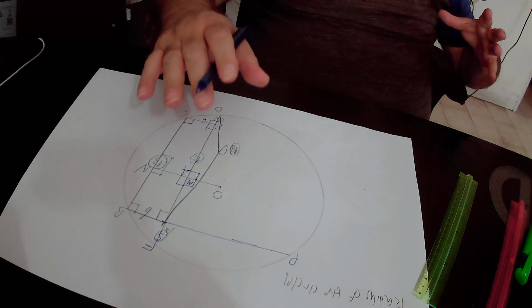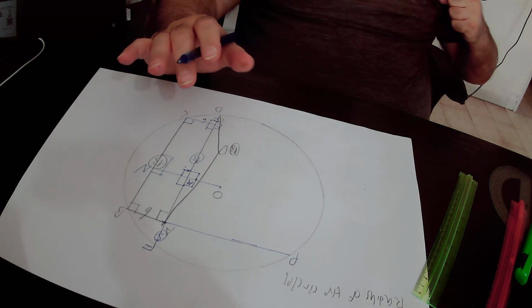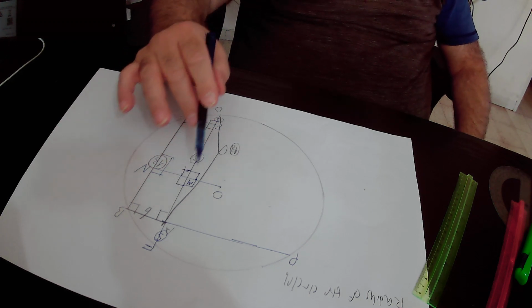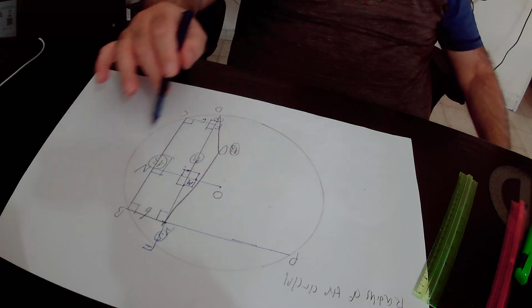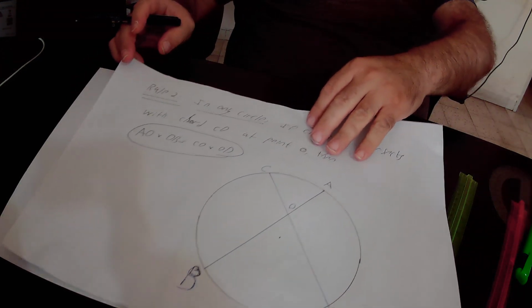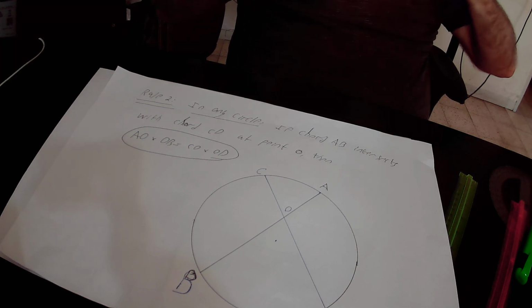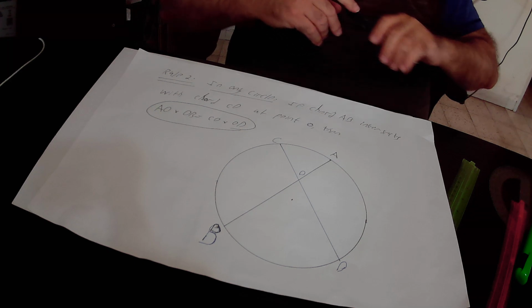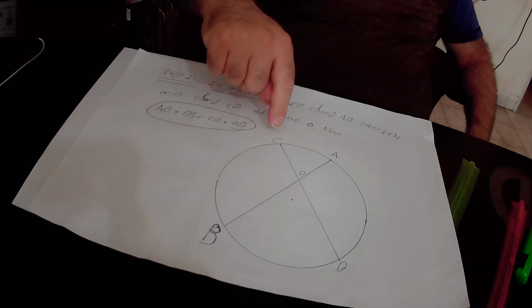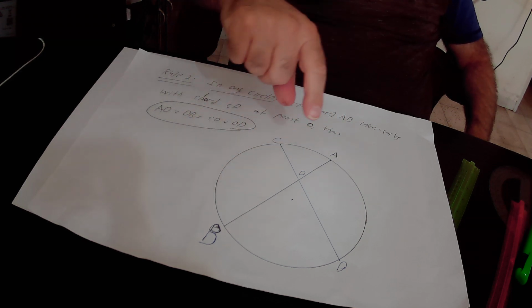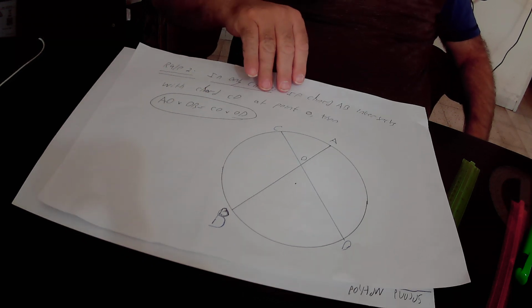Why? Because we have here two chords that intersect with each other. That is to say, chord FD intersects with chord PB. According to old rule number 2, whenever we have two chords that intersect with each other, the following equation will be true. Here we have chord AB that intersects with chord CD at point O, therefore AO times OB equals CO times OD.